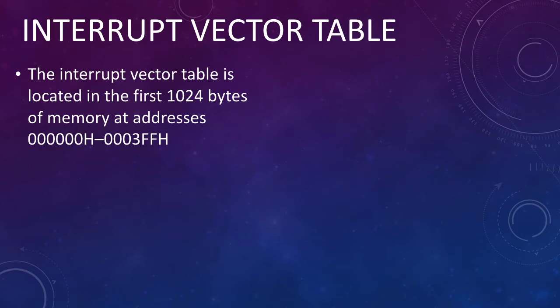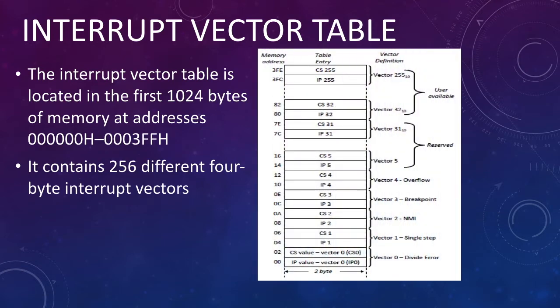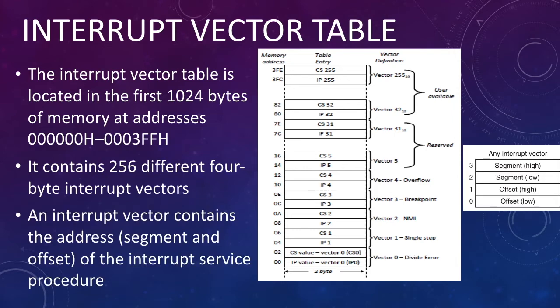The interrupt table is located in the first 1024 bytes of memory, that is, the address of the vector table is 00000H to 003FFH. It contains 256 different 4-byte interrupt vectors, as you can observe here in the table. Each location in the table is of 8 bits, and so to generate the complete physical address, 4 bytes are required here: 2 bytes for the segment address or base address and 2 bytes for the offset address.